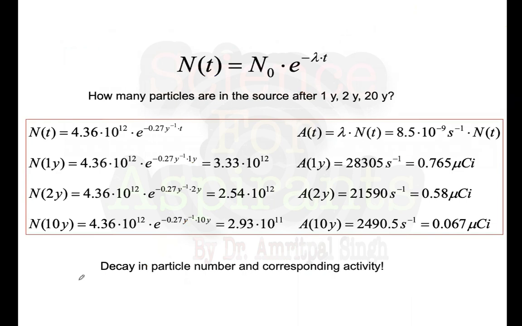So these are some of the other ways we can find out the half-life or the activity of a period for different years. This is the value of N after 1 year, this is the value of N after 2 years, and so on, and you can find out the value of the activity once you find out the value of N.